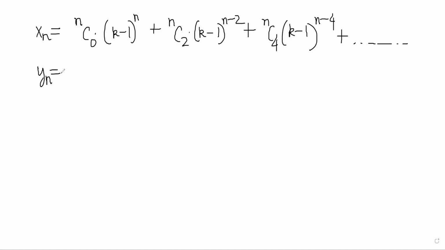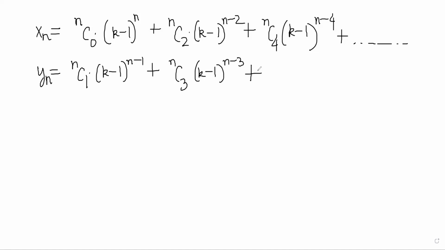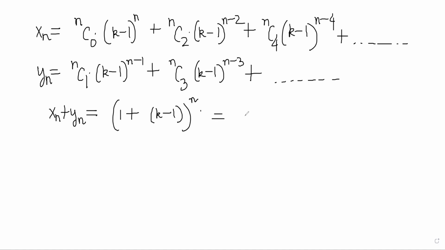And yn, when 0 appears an odd number of times, would be nC1 (k-1)^(n-1) plus nC3 (k-1)^(n-3), and so on. That will be yn. Now it is very easy to find xn here because we know xn plus yn by the binomial theorem is simply (1 + (k-1))^n, which is simply k^n.